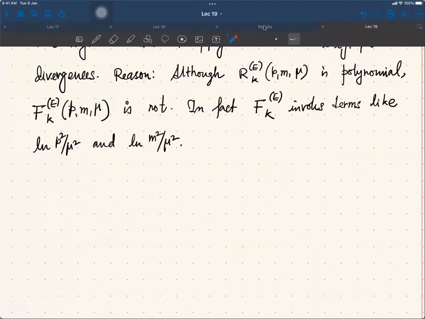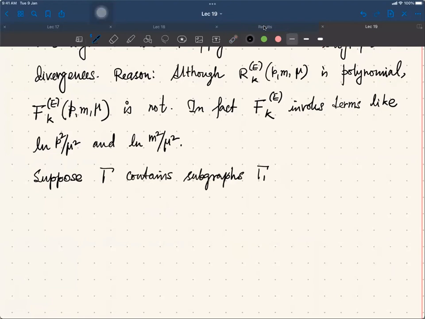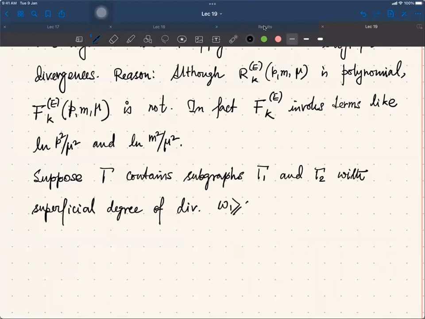Now, so what do we do in this case is the question. Now, suppose gamma contains subgraphs gamma 1 and gamma 2 with superficial degree of divergences omega 1 greater than or equal to 0 and omega 2 greater than or equal to 0 respectively.